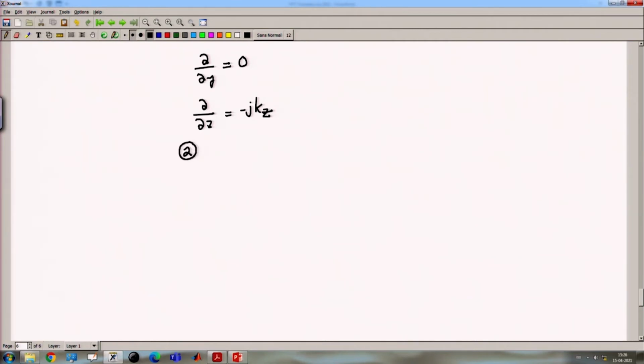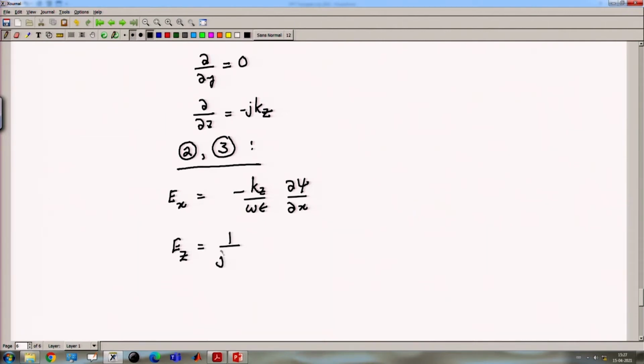Therefore, equations number 2 and 3 can now be written as E x is minus k z by omega epsilon del psi del x, E y becomes 0 because del del y is 0, E z becomes 1 by j omega epsilon times k square minus k z square, psi.